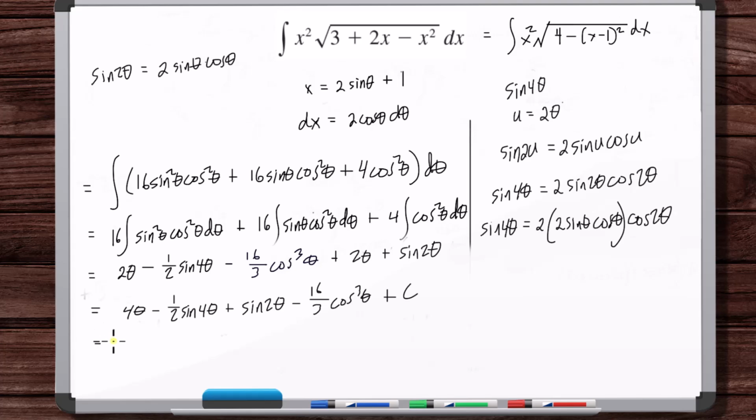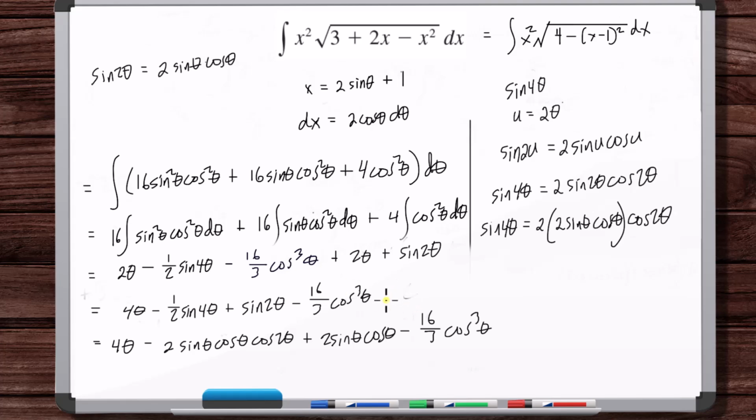Okay, so we've got 4 theta minus 1/2. And then we could take out that 2, so we just have minus 2 sine theta cosine 2 theta. And then plus 2 sine theta cosine theta minus 16/3 cosine cubed theta. And then we'll bring the plus c on in a second.